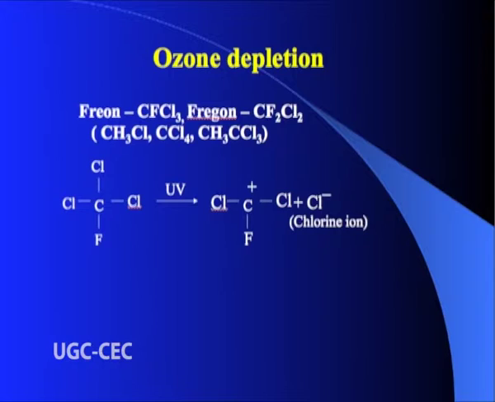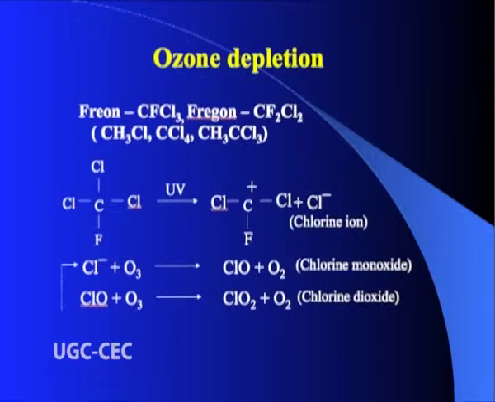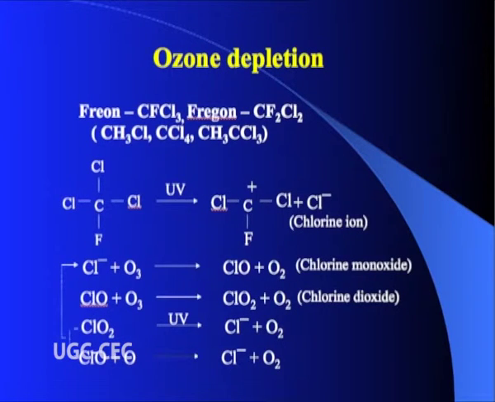This chlorine ion is highly reactive and reacts with ozone to form chlorine monoxide and oxygen. Chlorine monoxide is also reactive and combines with another ozone molecule to form chlorine dioxide and oxygen. This sets off a chain reaction of ozone destruction, because chlorine dioxide can also undergo photochemical cleavage by absorbing ultraviolet radiation to form a chlorine ion again and oxygen.